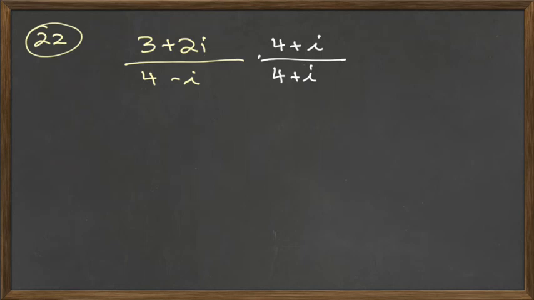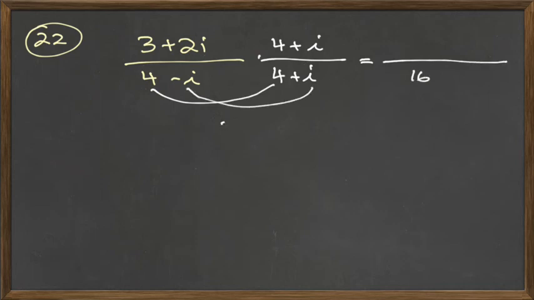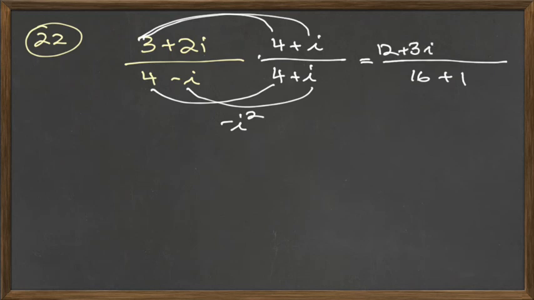So in the denominator, what you would get is 4 times 4 is 16, and minus i squared, which changes into plus 1. Okay, numerator works. 3 times 4 is 12, plus 3i, plus 8i, plus 2i squared, which of course is a negative 2.